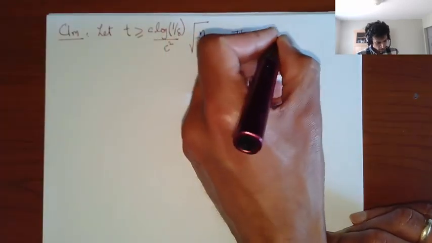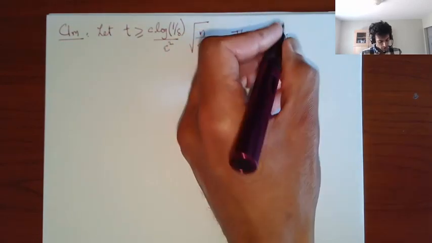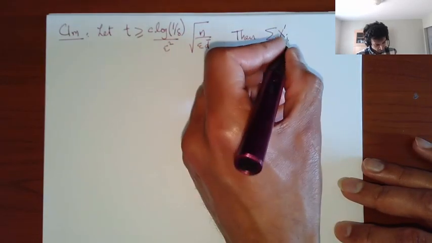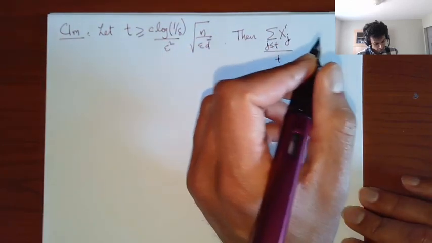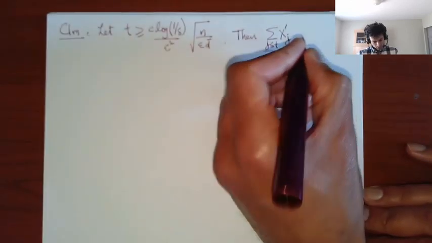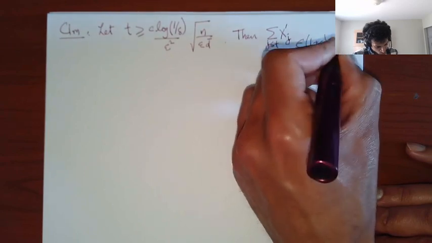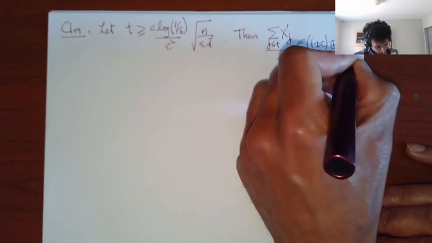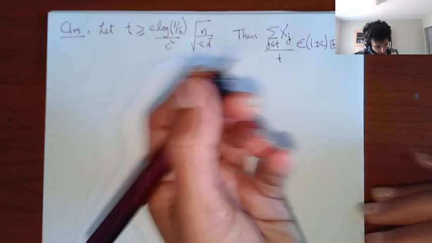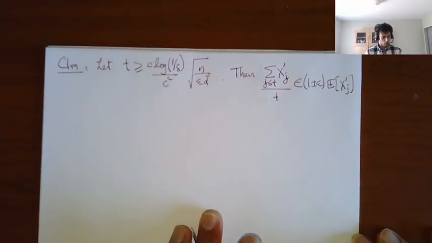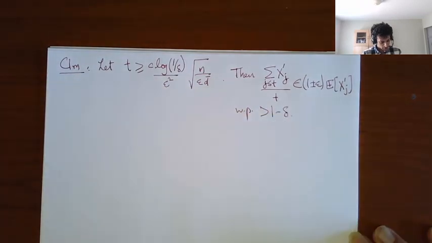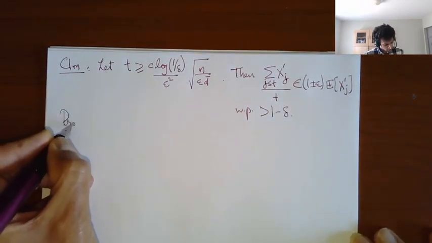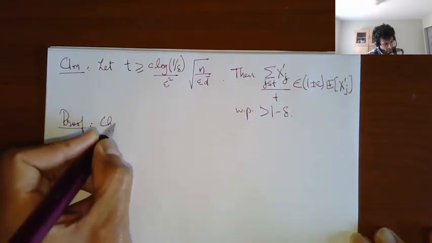Then the summation of xj prime, j less than t, divided by t is going to be a 1 plus or minus epsilon approximation of the expectation of any one trial with probability at least 1 minus delta. And the proof is basically a Chernoff bound.